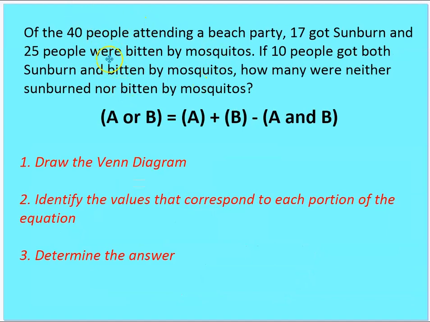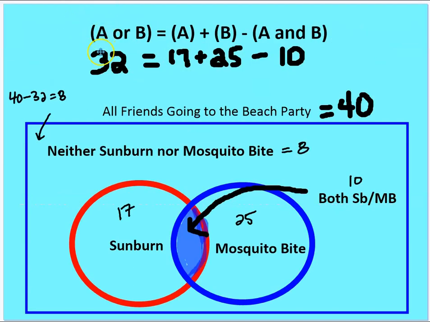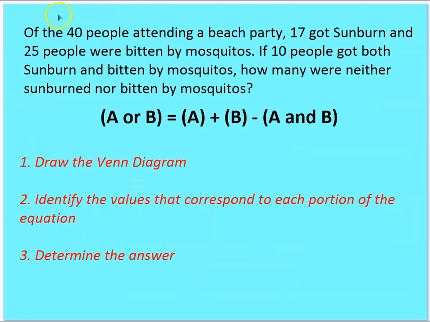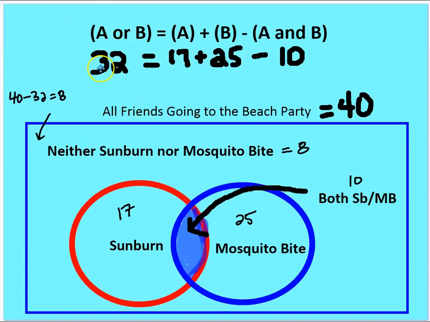So we're going to go back through this again. I have a similar example. 40 people attending, 17 sunburned, 25 people were bitten by mosquitoes. 10 people got both. How many people were neither sunburned nor bitten by mosquitoes? So I'm going to set this up. 17 plus 25 minus 10 is equal to 32. 40 people going to the party. 40 minus 32 is equal to 8.